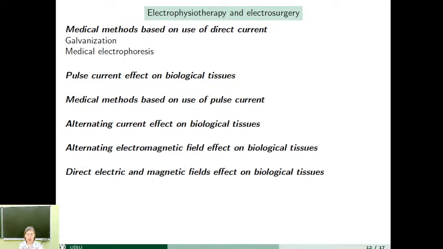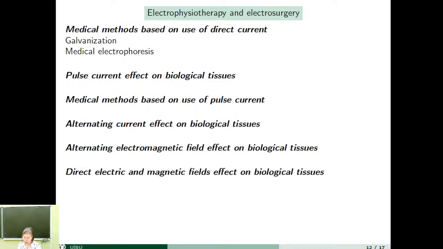Diathermy. Diathermy is based on the phenomenon of heating when alternating current flows through tissues. There are therapeutic diathermy and surgical diathermy, which in its turn is divided into diathermotomy and diathermocoagulation.